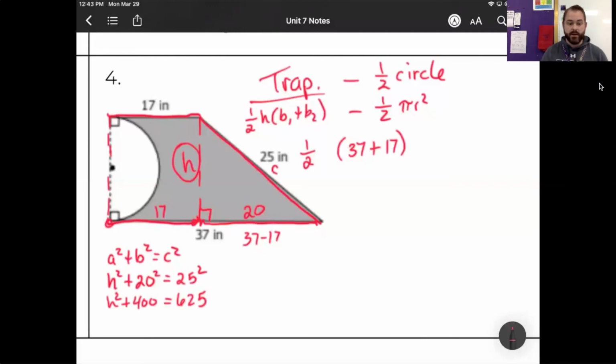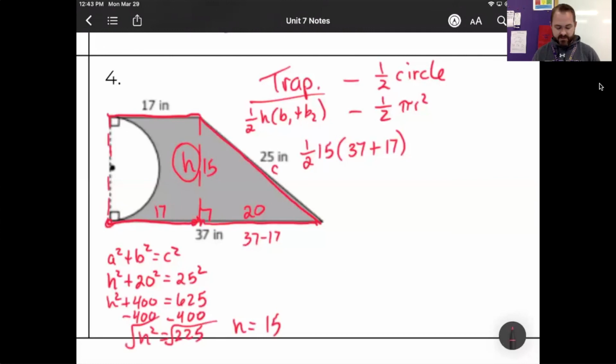And so to finish solving this, I'm going to subtract 400 from both sides. And h squared is 225. And then don't forget your square root. That means h is 15. So the height of my trapezoid is 15. There we go. Now I can finish solving that out.